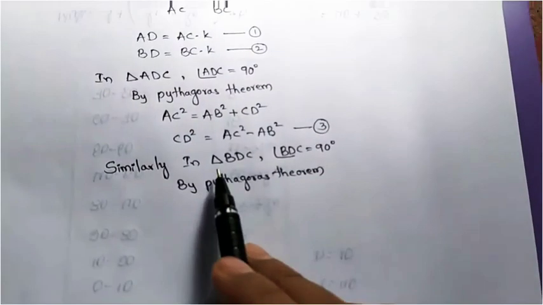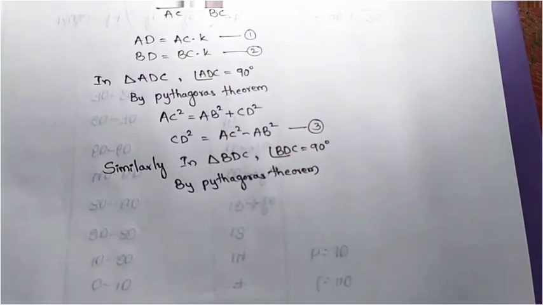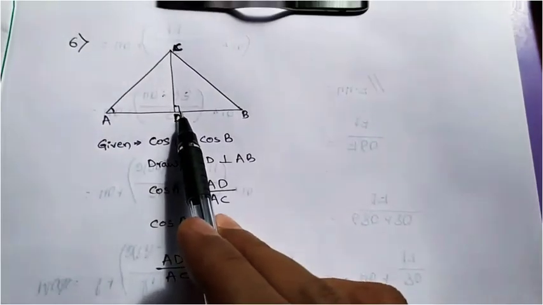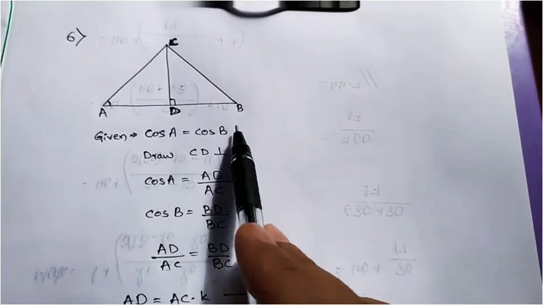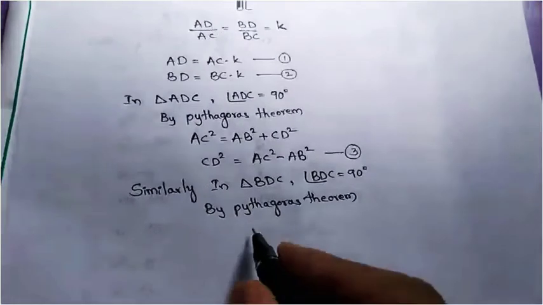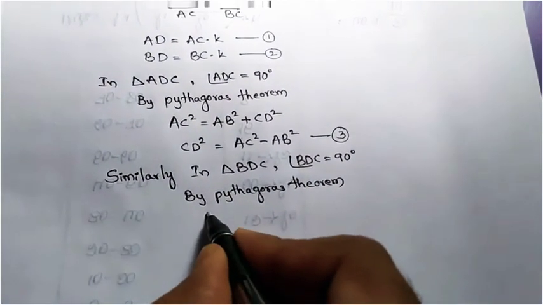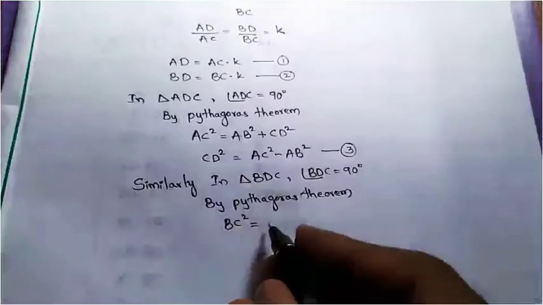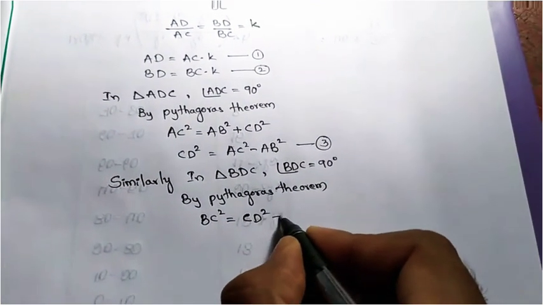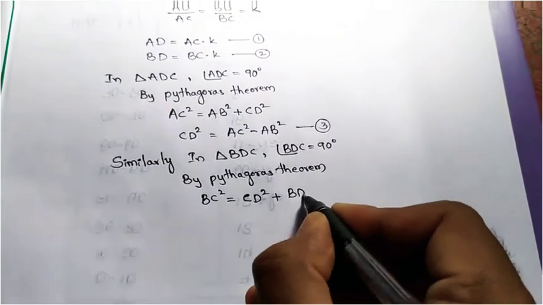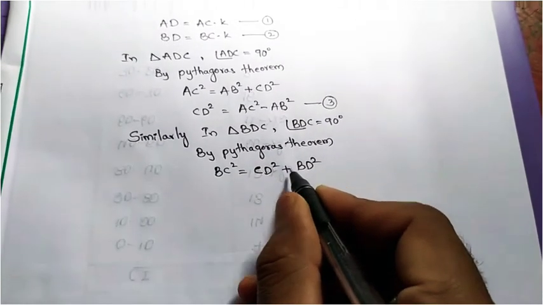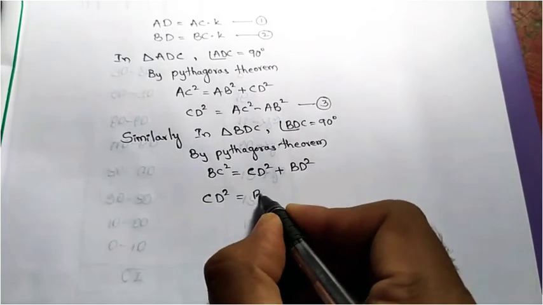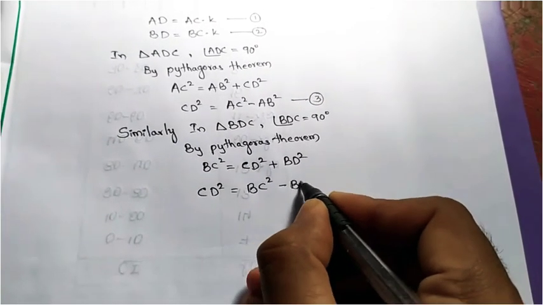Similarly, in triangle BDC, angle BDC is 90 degree. By Pythagoras theorem, BC is our hypotenuse, so BC square equal to CD square plus BD square. Leaving CD, I will take BD to the left side, that becomes CD square equal to BC square minus BD square.